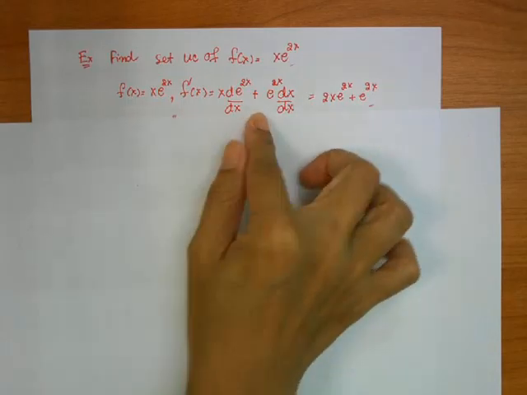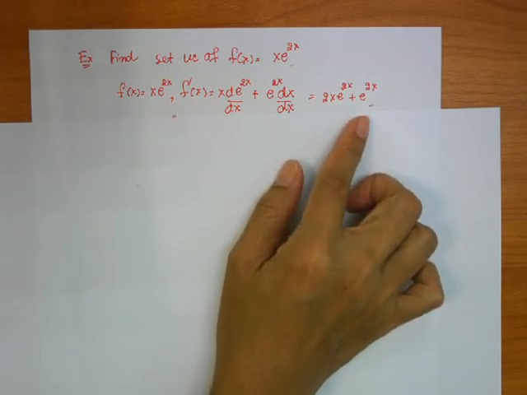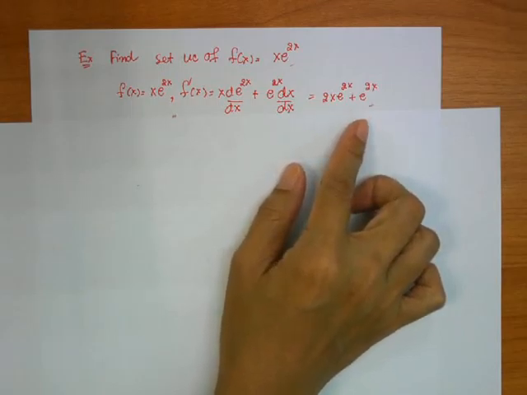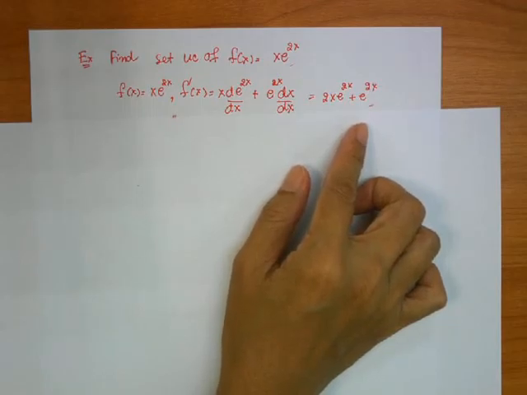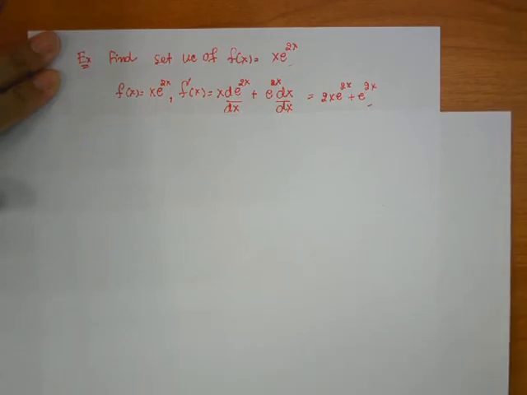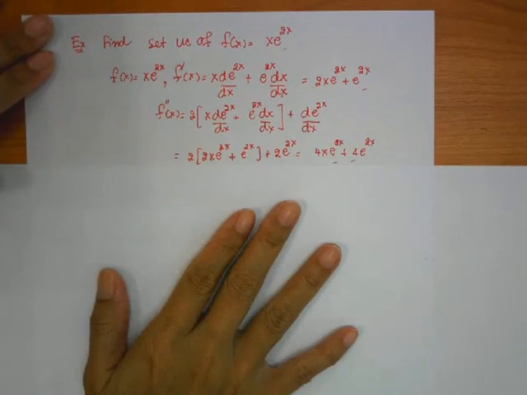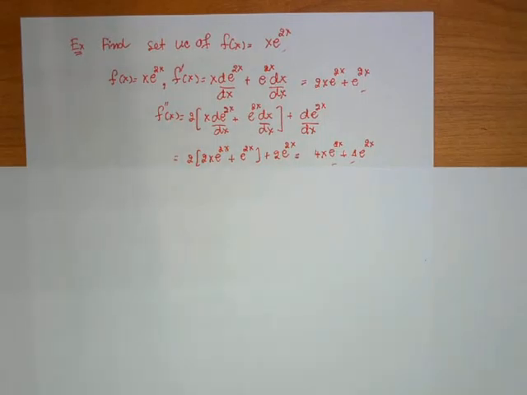So you would get 2x exponential of 2x plus exponential of 2x, right? So if you do the second derivative of this, you would get 4x times exponential of 2x plus 4 exponential of 2x.